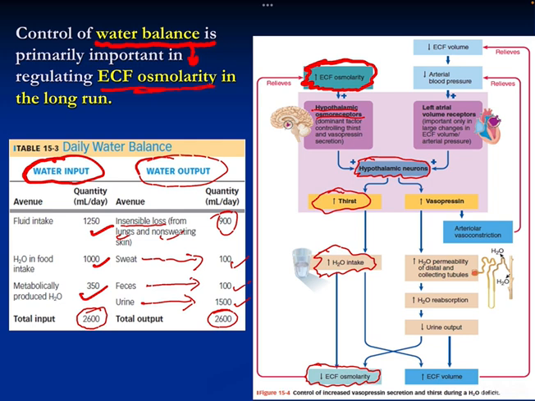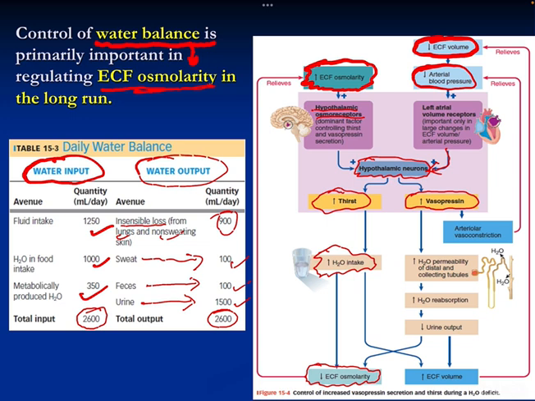Also, whenever there is too much decrease in extracellular fluid volume, like hemorrhage, there will be a decrease in arterial blood pressure, and the left atrial volume receptor is stimulated, which sends signals to the hypothalamic neurons, and the hypothalamic neurons will enhance the release of vasopressin from the posterior pituitary, also known as antidiuretic hormone.